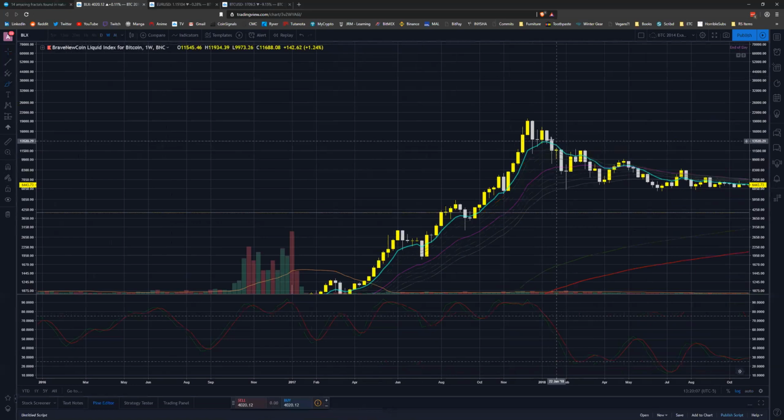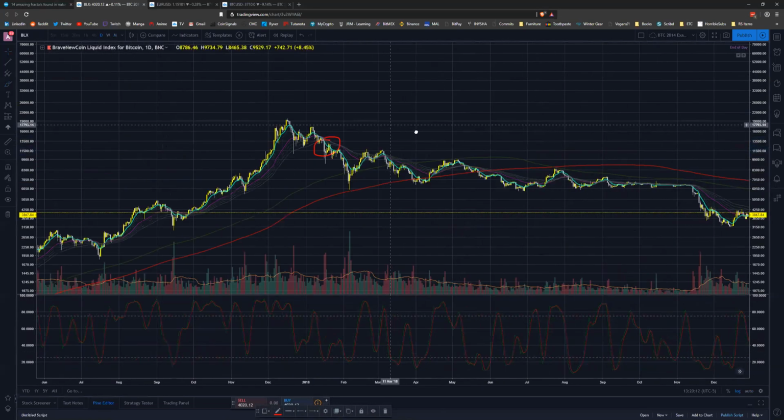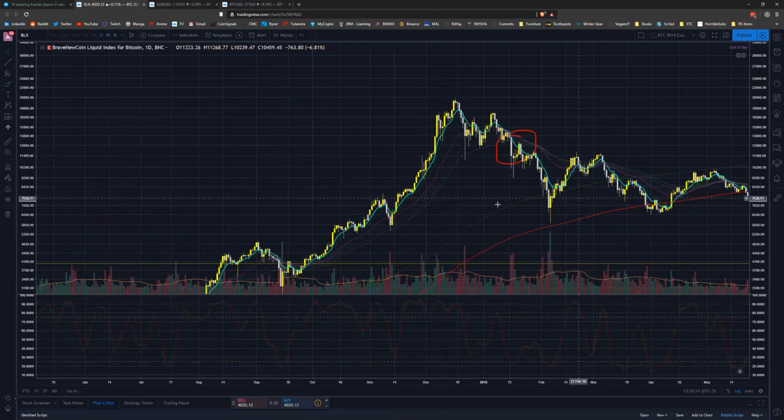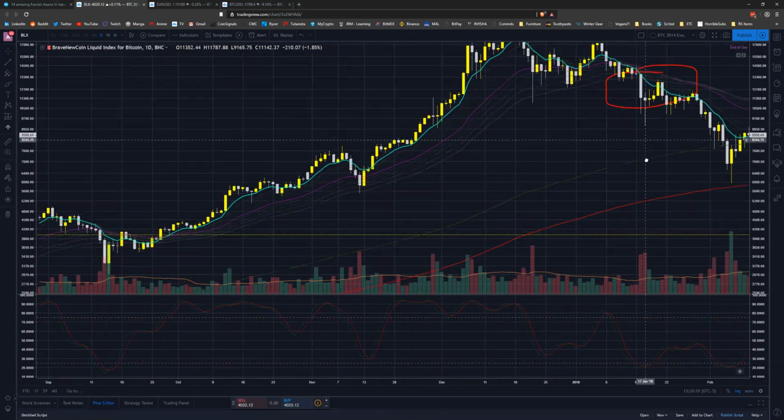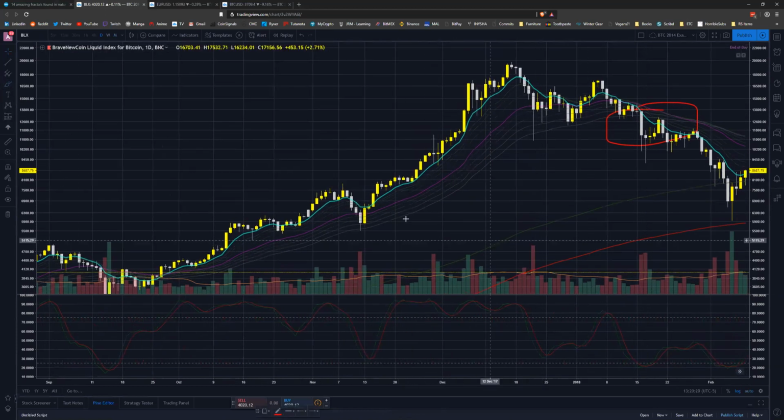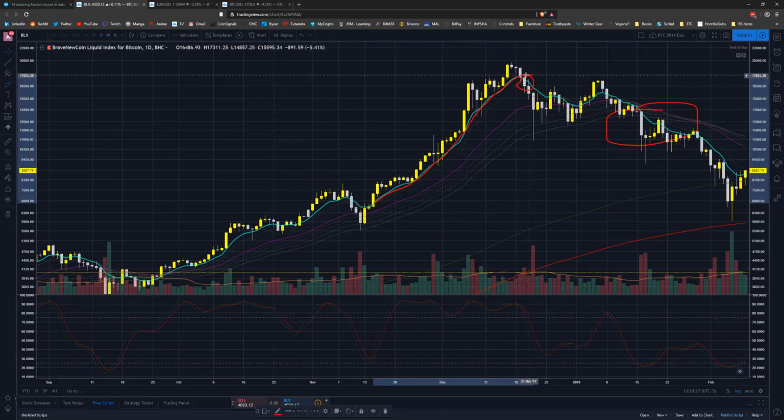Furthermore, you can get out before the break of the 8 on the weekly by catching the break of the 8 on the daily. And check this out. This is a power trend here. Look at this. Price barely even retraces to the 8. And finally, when it does break down right here, that was your earliest exit.